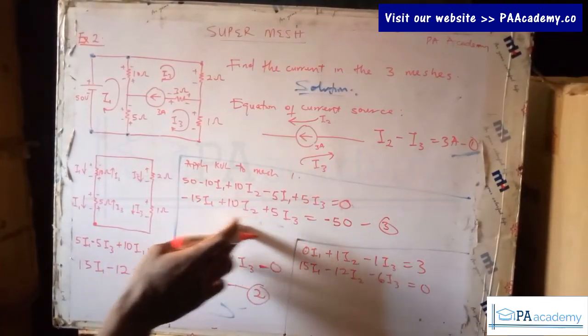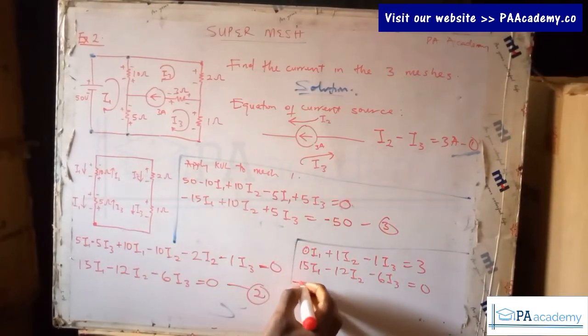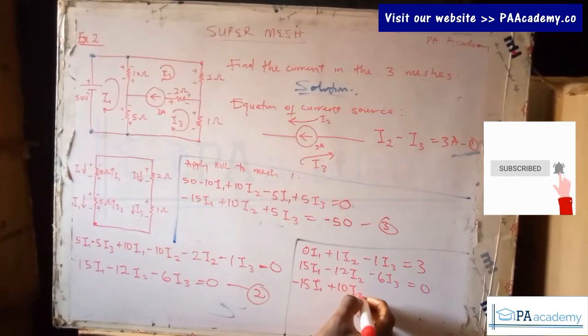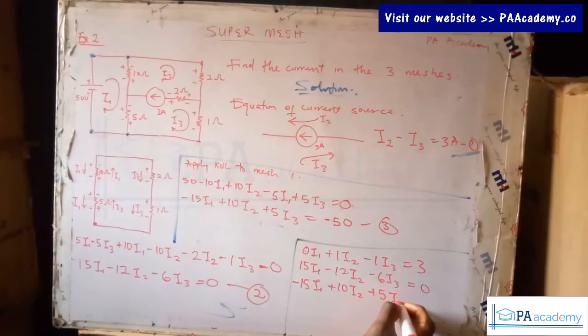For equation 3, we have minus 15 I1 plus 10 I2 plus 5 I3 equals minus 50.